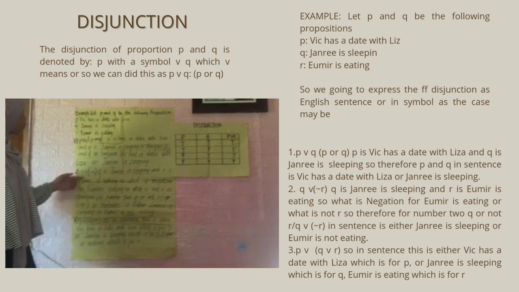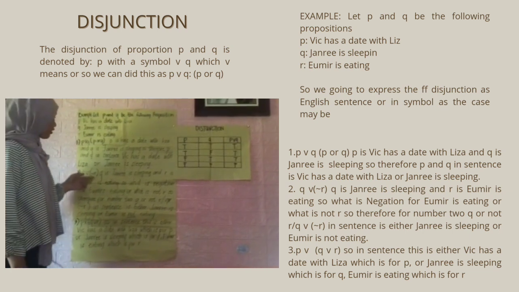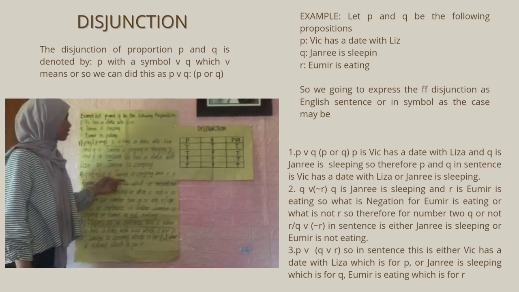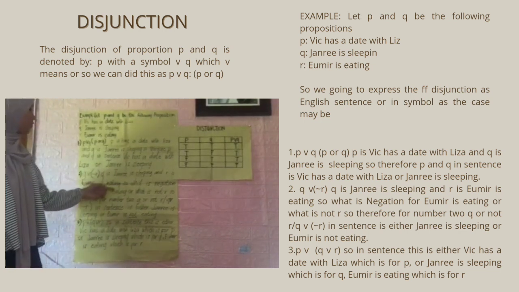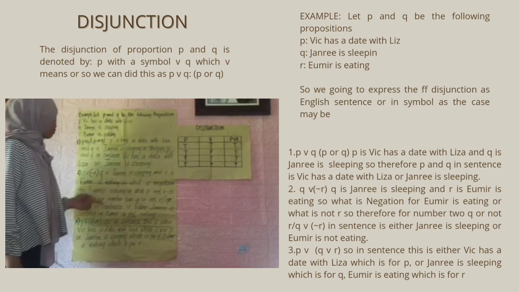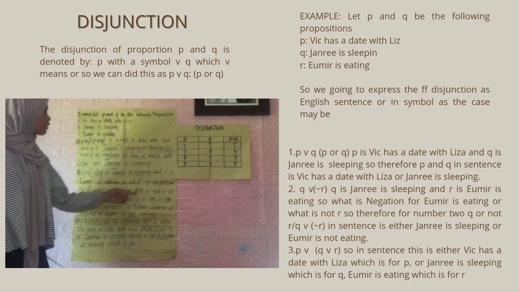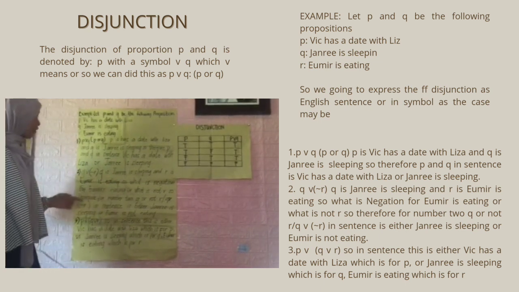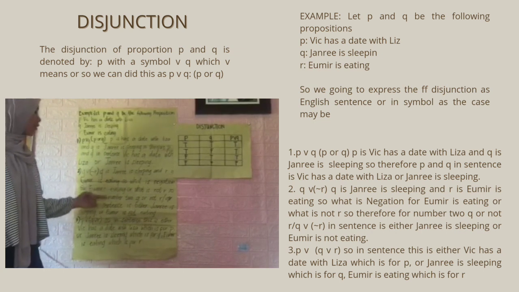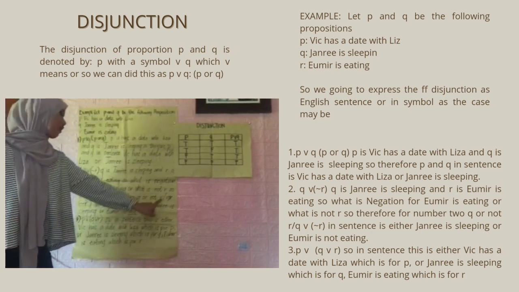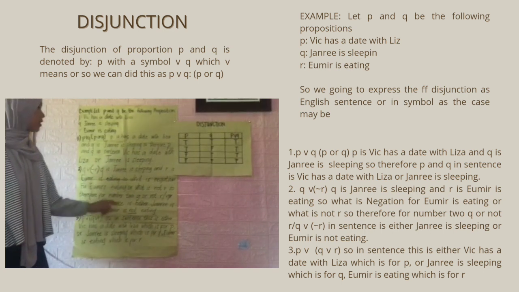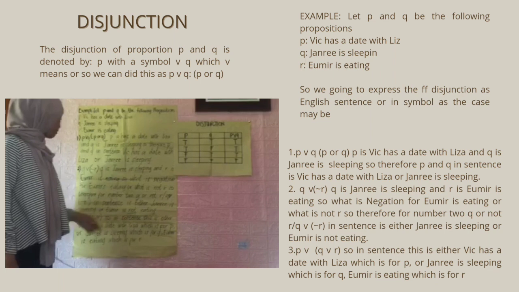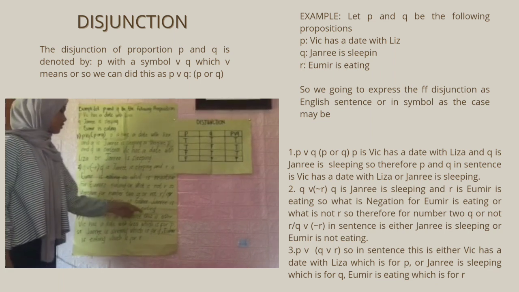Number 2, Q ∨ not R. Q is January is sleeping and R is Yumir is eating. So, what is the negation of Yumir is eating, or what is not R? So, therefore, for number 2, Q or not R, or Q ∨ not R, in sentence is either January is sleeping or Yumir is not eating.